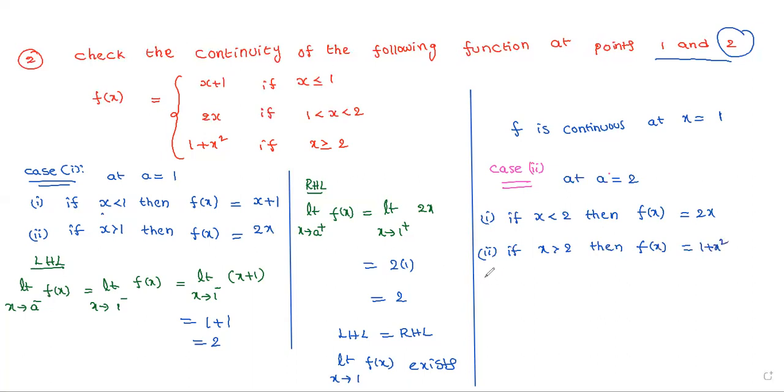LHL. Limit as x tends to 2 minus of f of x, value 2x. Substituting x value, 2 into 2, 4. Next, RHL.